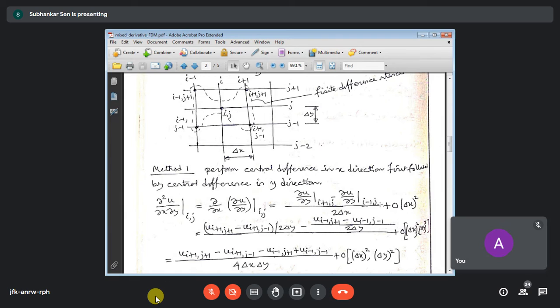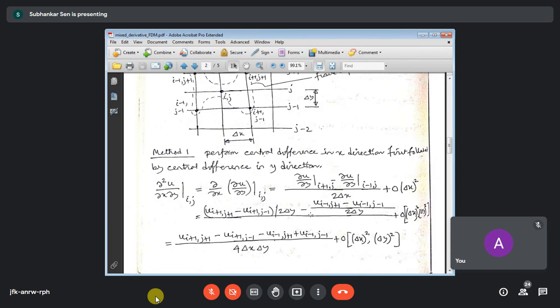So j is kept constant and i is varied. So the distance between i plus 1 and i minus 1 nodes is 2 delta x, okay? So this is i plus 1 j, this is i minus 1 j, and this distance is 2 delta x. And the order of accuracy will be second order, but in x, because we are going for the x.